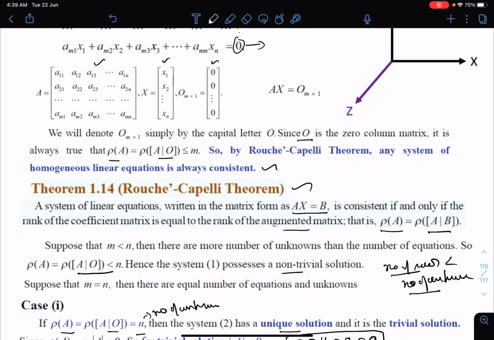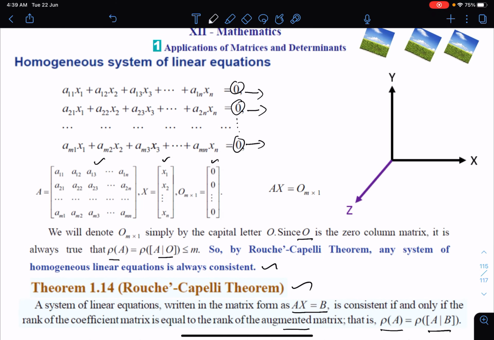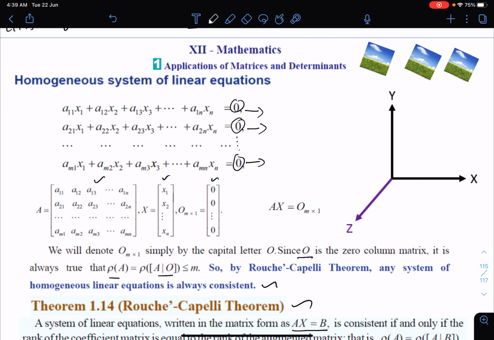So what do you mean by non-trivial solution? Suppose this is the three-dimensional axis. Here you have plane 1, plane 2, and plane 3. How do you get infinitely many solutions? We have seen in the previous case that they overlap each other.